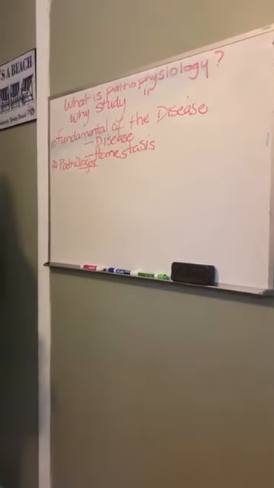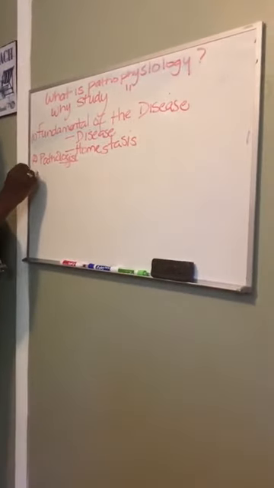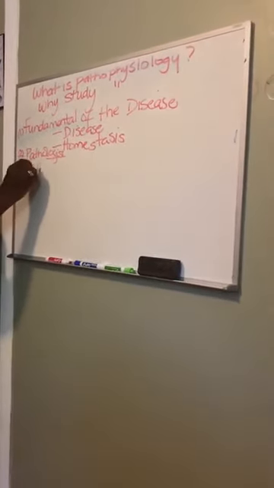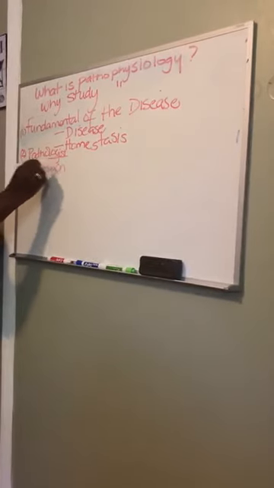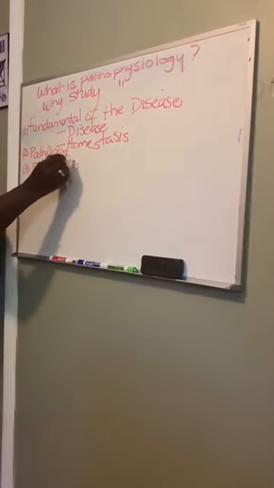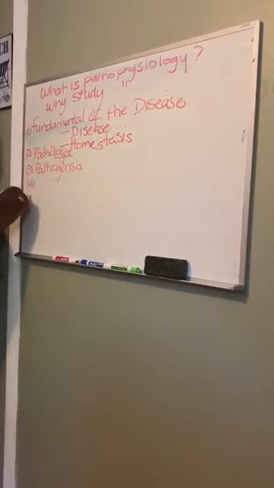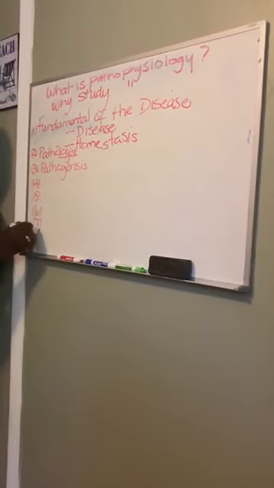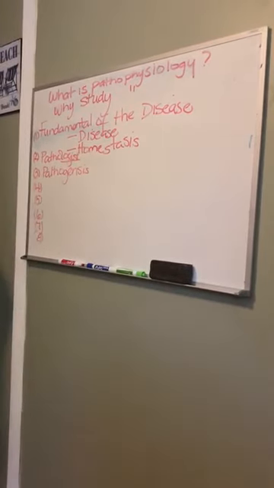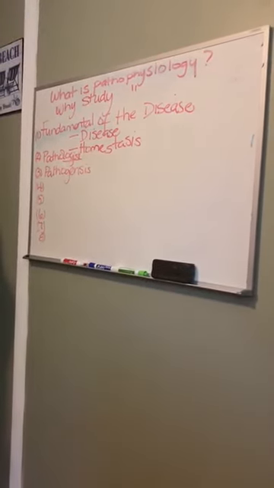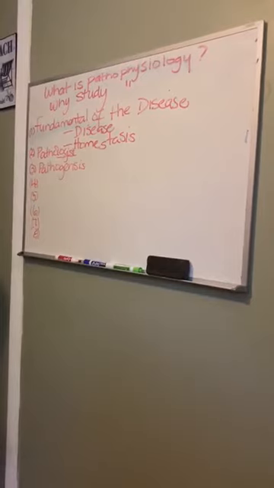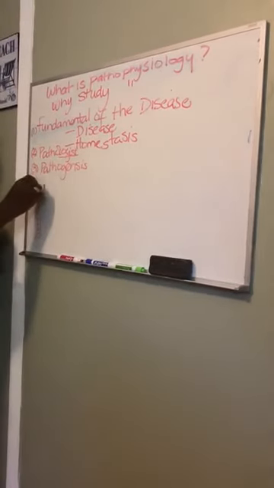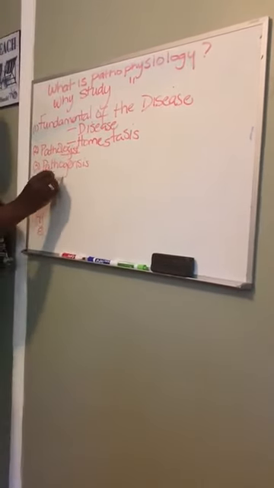The next thing we're going to look at is pathogenesis. Then 4, 5, 6, 7, and then 8. Can anybody tell me what you think the 4th one is? Well, the 4th one is predisposing factors.